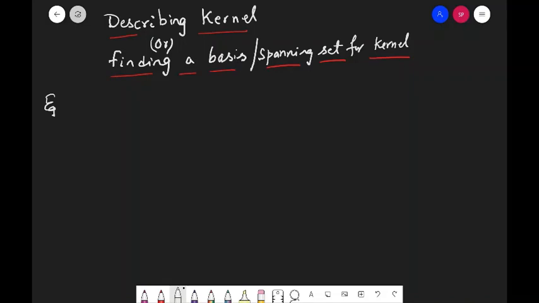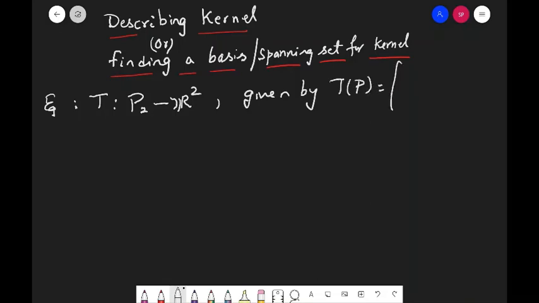So the example is like this: transformation T from P2 to R2 given by T of P is equal to P of 0, P of 1. It is given that it is a linear transformation.